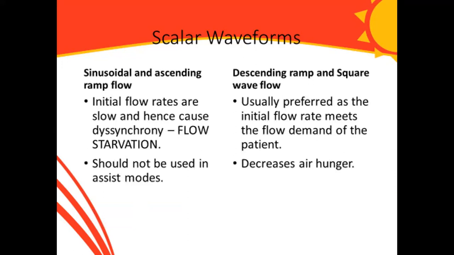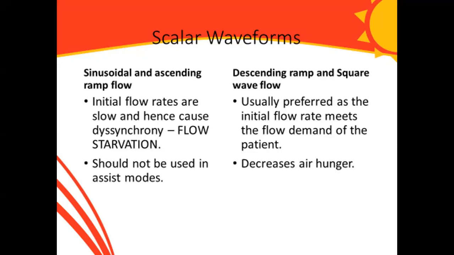For the sinusoidal and ascending waveforms, the initial flow rates are slow, and this causes what we call flow starvation because the patient is not getting enough flow. So the sinusoidal and ascending should not be used in assist mode, because the patient will have flow starvation.